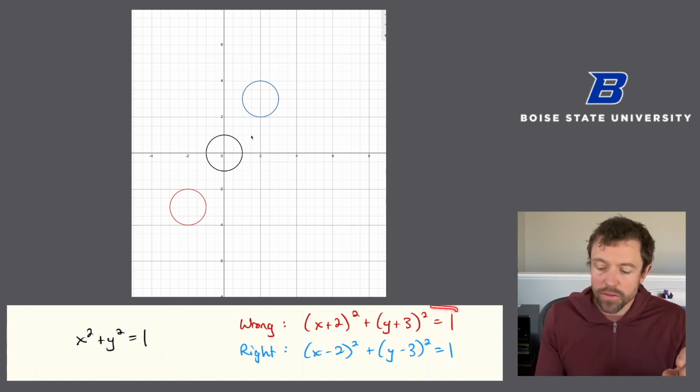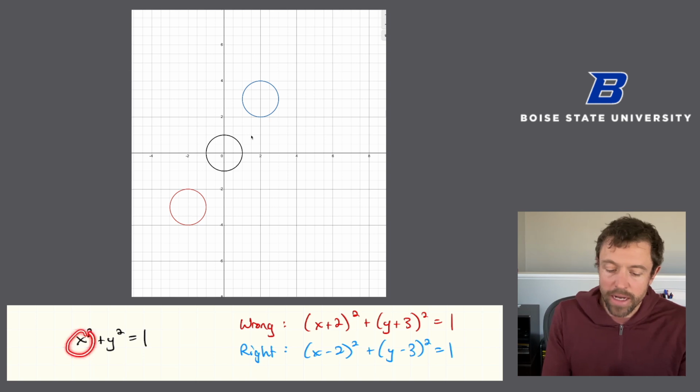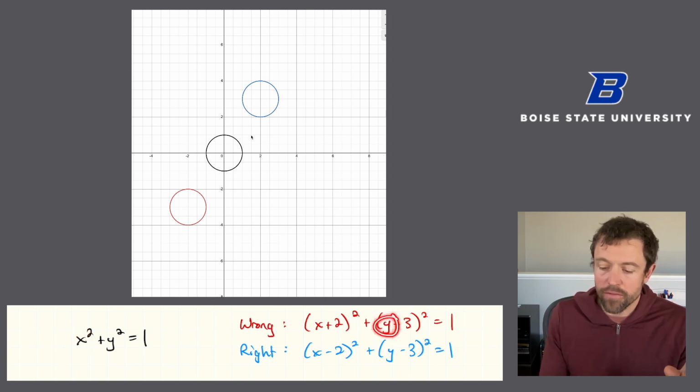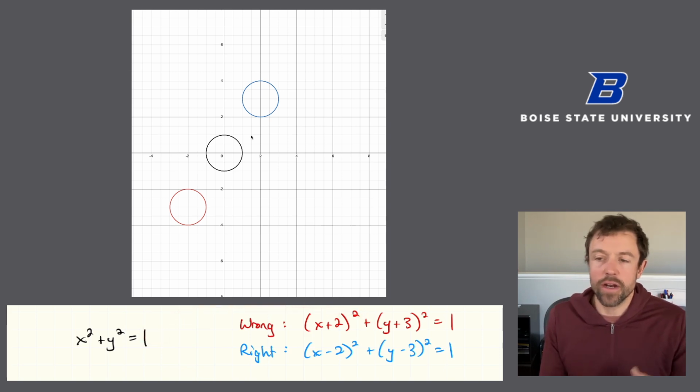What you want is you want this equation to be true, and so whatever you plug in for x, you want to change it so that it'll go back to what it was here. And similarly, whatever you plug in for y, you need to do something to change it back to the y value that will make this equation true. So you're not actually trying to move from this equation here, you're trying to move the other direction. You're trying to move backwards.